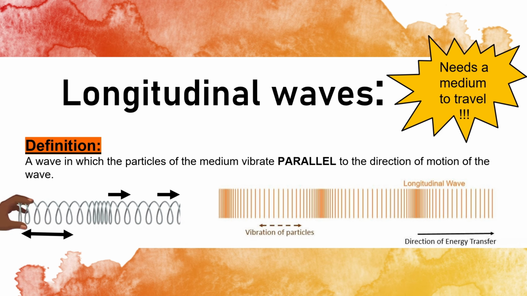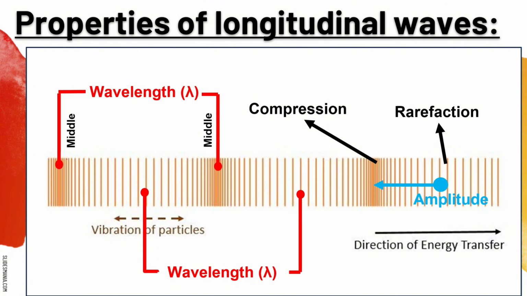So let's look at some properties of longitudinal waves. First thing that you will see when you observe a longitudinal wave is that there are regions of high pressure and there are regions of low pressure. High pressure meaning there where the particles are very, very close to one another, and low pressure is there where they are spread out.